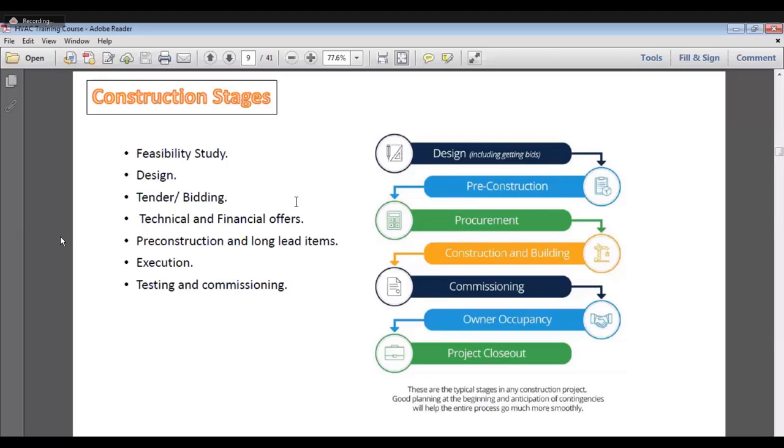During the building use, a new role appears, which is the facility manager. Do you know what the facility manager does? I don't know actually. Okay, the facility manager is the person who is responsible for operating and maintaining all of the equipment inside the building after occupancy.